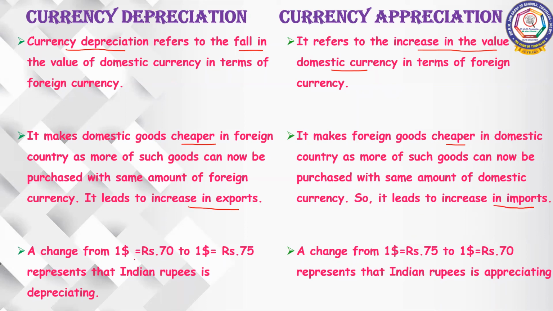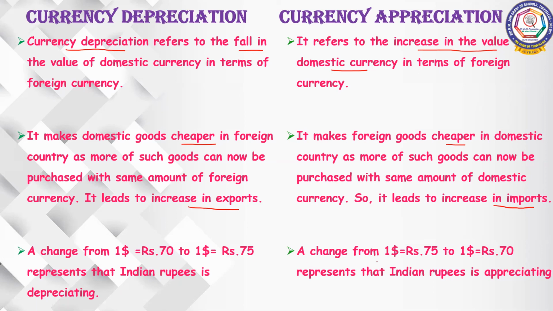A change from $1 equal to rupees 70 to $1 equal to rupees 75 represents that the Indian rupee is depreciating. When the exchange rate rises from $1 equal to rupees 70 to $1 equal to rupees 75, this means that more rupees are needed to buy $1.